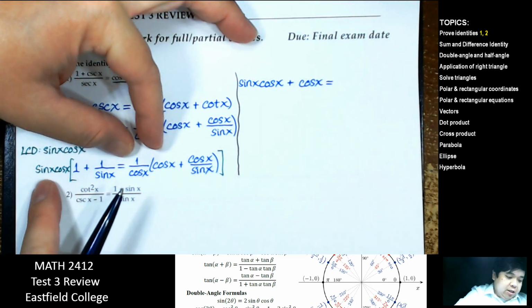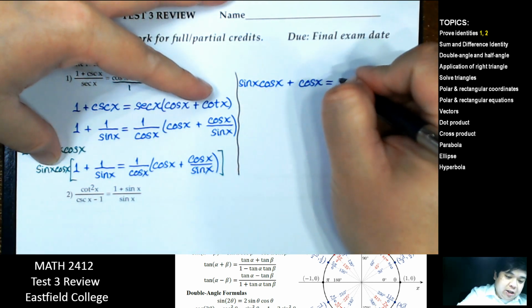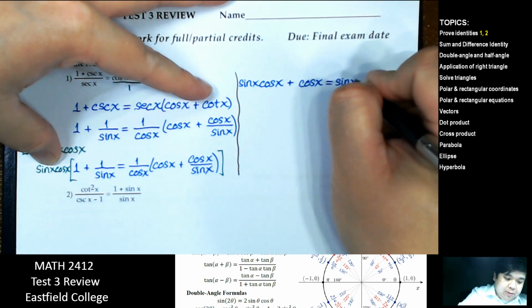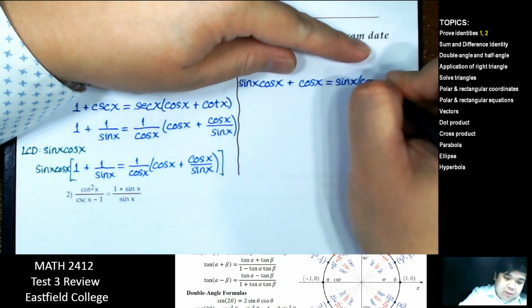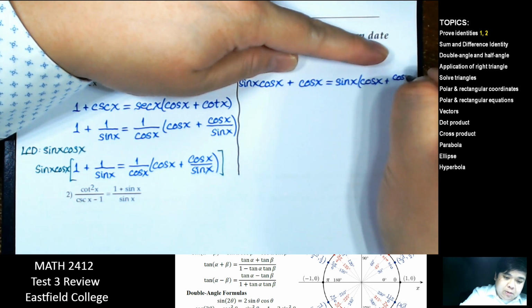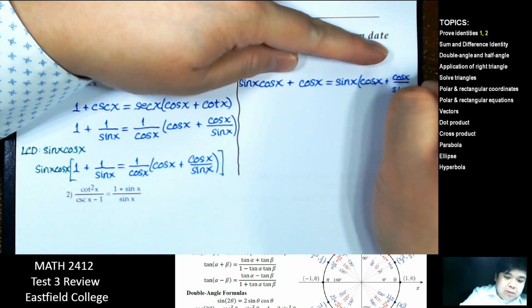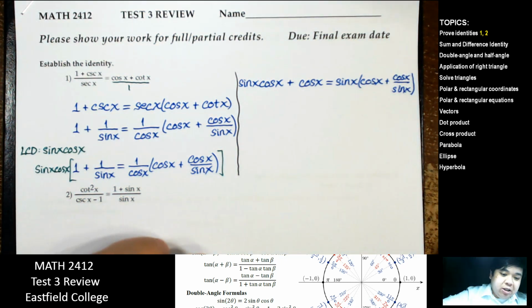And sine x cosine x times that, the sine x will be there. Inside the parentheses will stay the same.